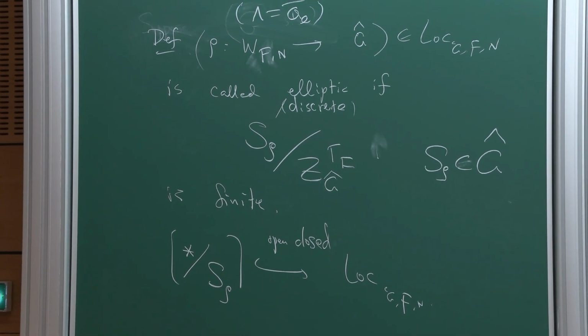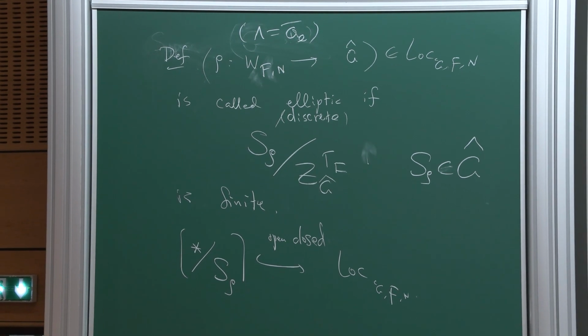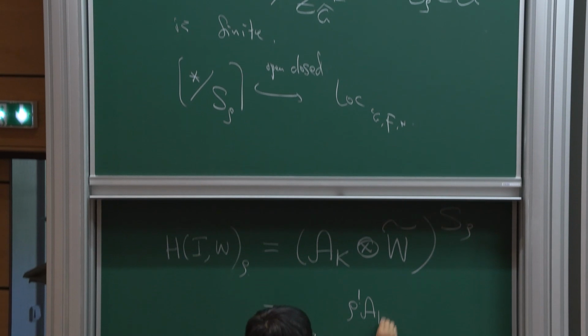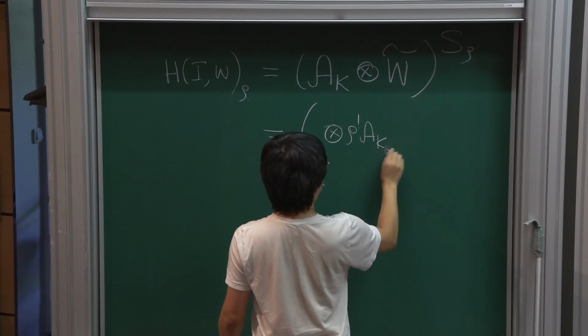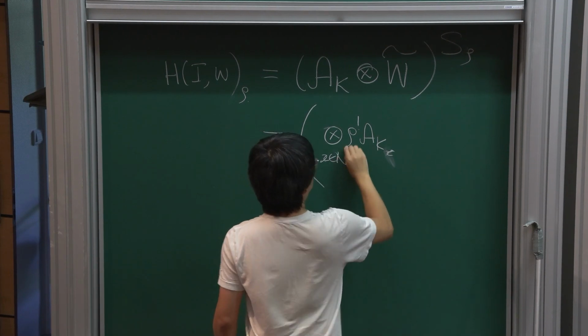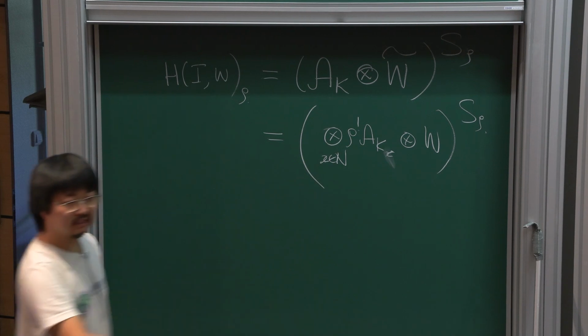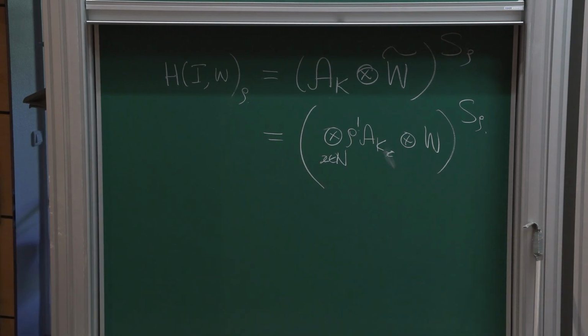That's the formula, and if you write it out, because you are mapping points to points, it is the tensor, then for x in N, tensor this W, taking the invariants. So that's the formula for the cohomology.